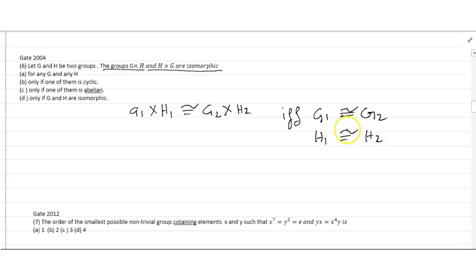This is the formula. So whatever you see, G cross H isomorphic to H cross G is only possible when G is isomorphic to H. So only option D is possible.